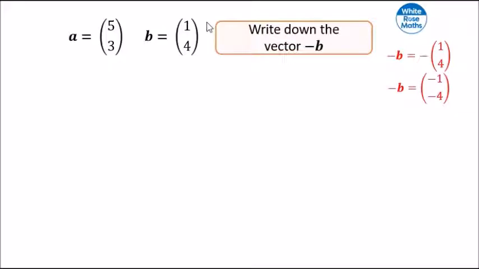The 1 to the right became 1 to the left, which is the opposite. 4 up, and minus 4 means 4 down, so again the opposite direction. So minus b is just the same as the vector b, but in the opposite direction.